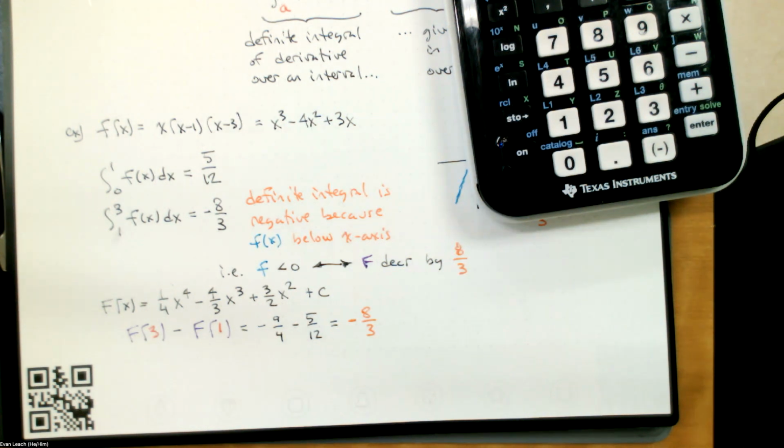Sign of the derivative tells you the direction of the function. The area tells you how much increase or decrease we see.